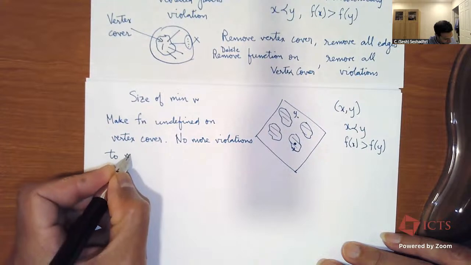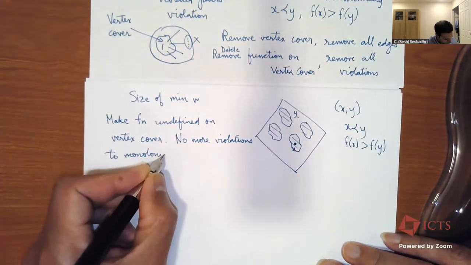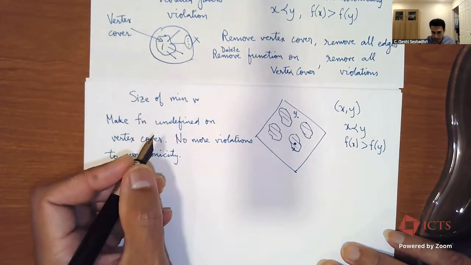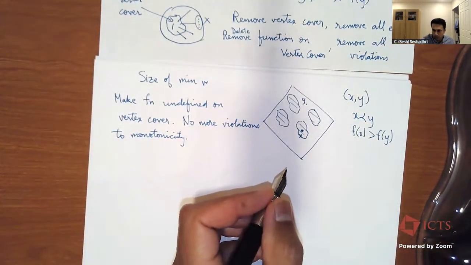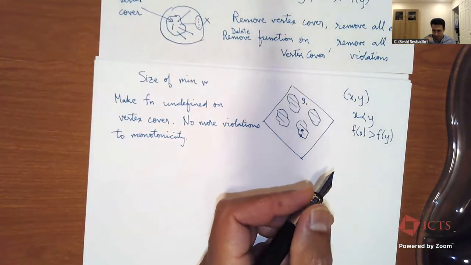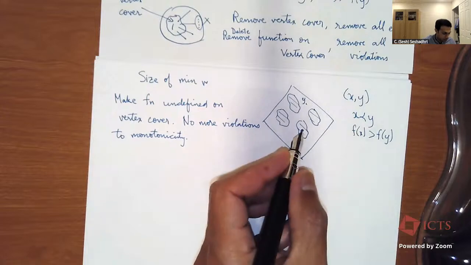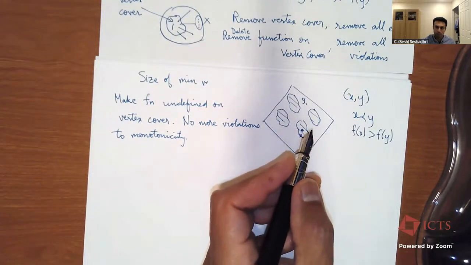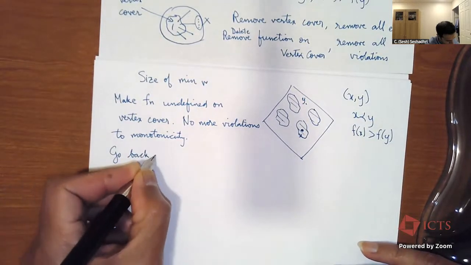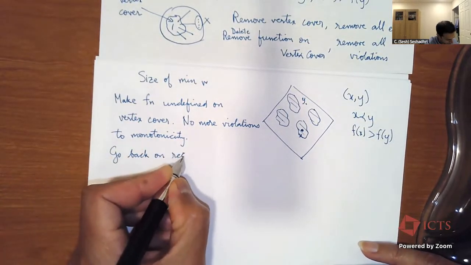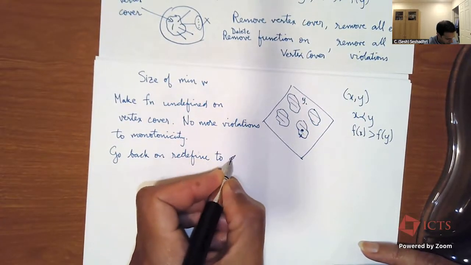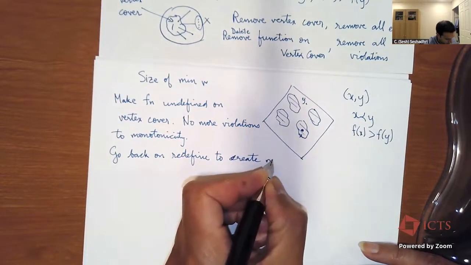Of course, this is an undefined function. Then what I do is I go back and define the values. Basically, you can take a topological order of the DAG, and you can define the function values so that you maintain monotonicity. So go back and redefine to create a monotone function.